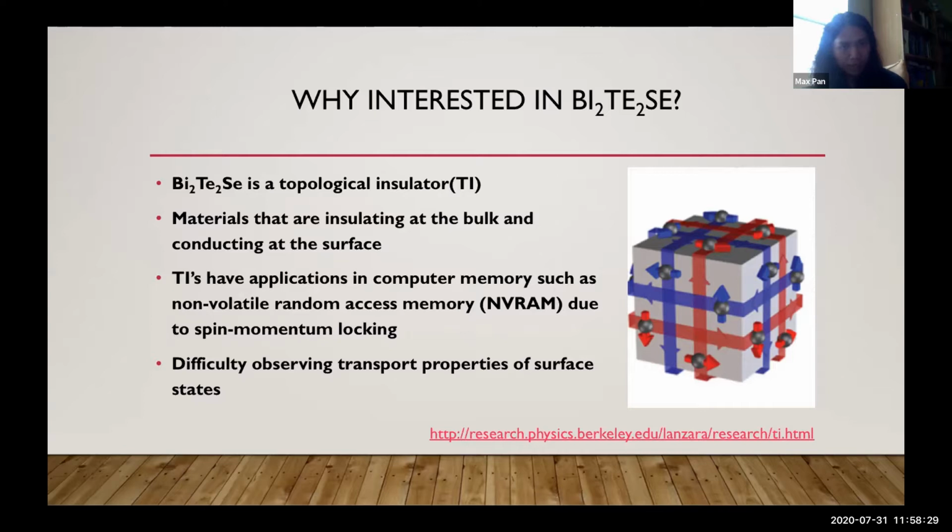They can have applications such as non-volatile RAM due to a special property called spin momentum locking, in which the spin of the electron is normal to the momentum of it, which can be seen in the picture to the right. The arrows represent the spin of the electron. Another important aspect of research of topological insulators is that we currently have difficulty observing the surface transport.